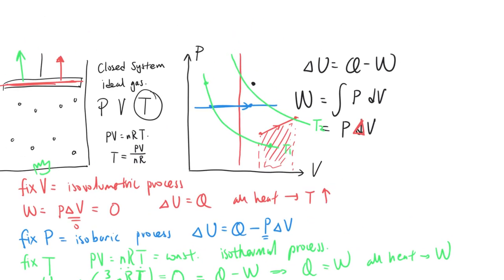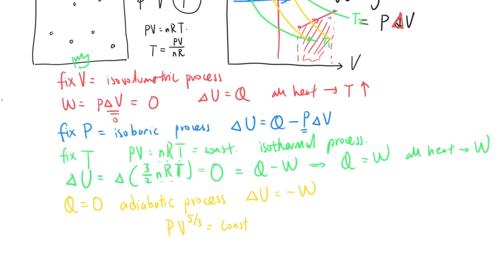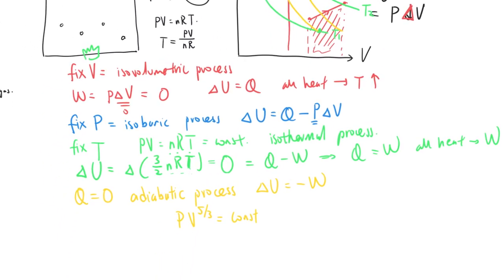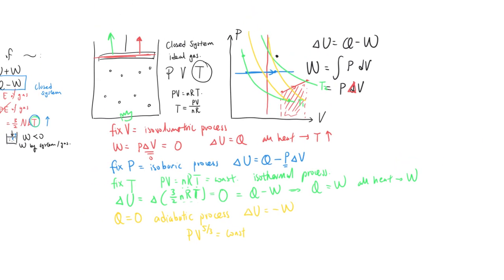They would look something like this, and this, and that later will be very important in Carnot engines. So this is an adiabatic process. There's not much to know about this for now, but these are the four main types of thermodynamic processes that we can do to such a system.